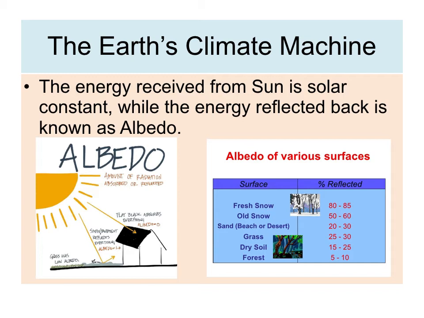So you are given different things at different albedos. Forest has very low albedo, fresh snow has more albedo. If something becomes completely white, it becomes 100% albedo, everything reflected back. Dark is 0% albedo, like a black body. So albedo makes a difference because how much radiation is reflected back to the atmosphere is known by albedo.